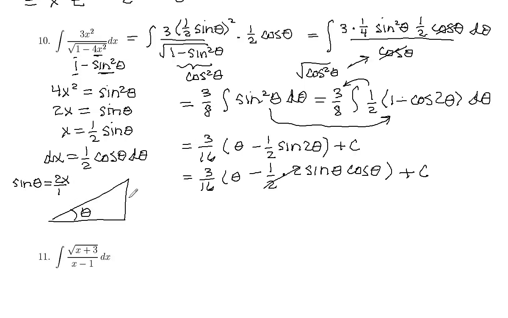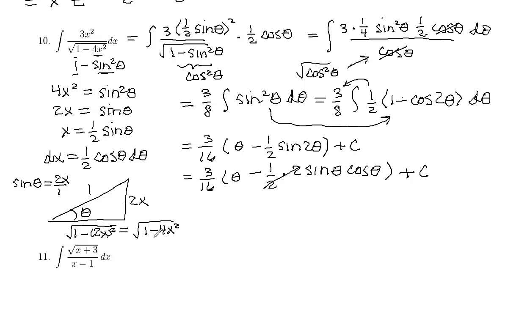So the opposite of the theta is our 2x, and hypotenuse is 1. So then this side is going to be the square root of hypotenuse squared, 1 squared is 1, minus the leg squared, 2x quantity squared. And 2x times 2x is 4x squared, so that side is root 1 minus 4x squared.